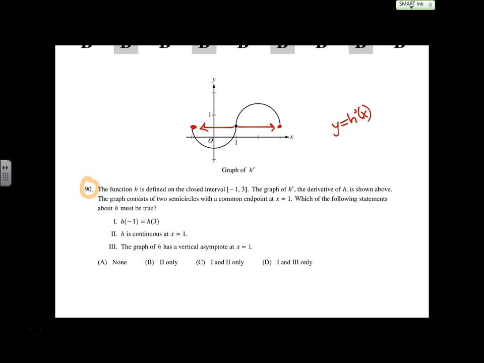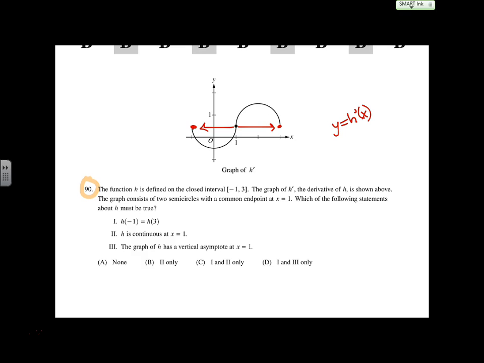Right. True. Ryan is seeing that as you go from 1 to 3, the graph of the derivative is all positive, so the function is strictly increasing.